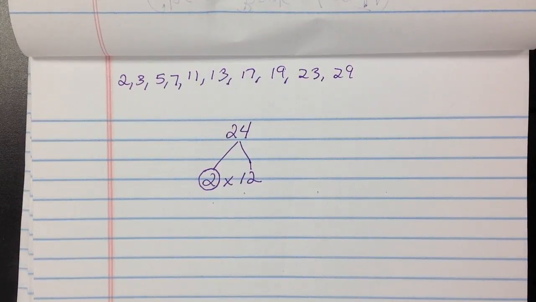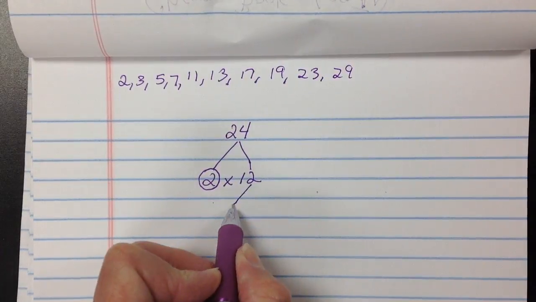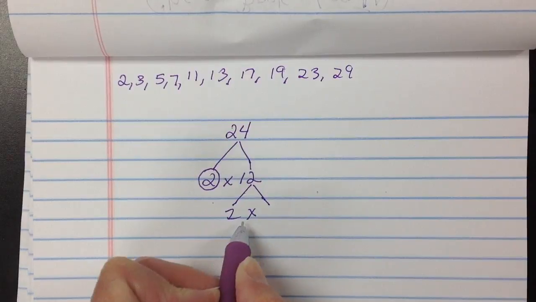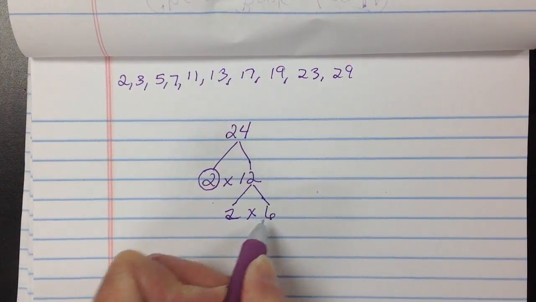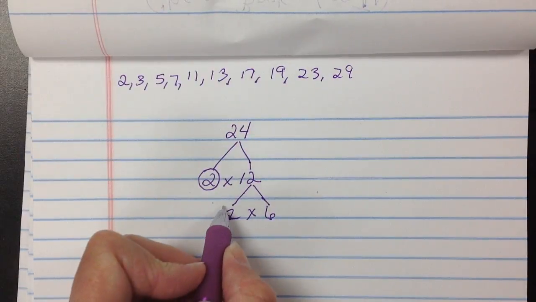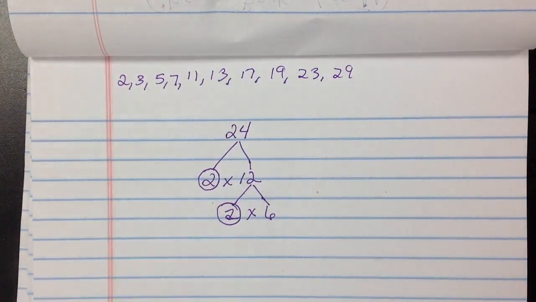I don't have to do anything else with 2. 12 is not prime. So I think to myself, what times what is equal to 12? Well, I know 2 times 6. And again, 2 is prime. It's the only even prime number, so I'm going to circle it. We don't have to do anything else with it.